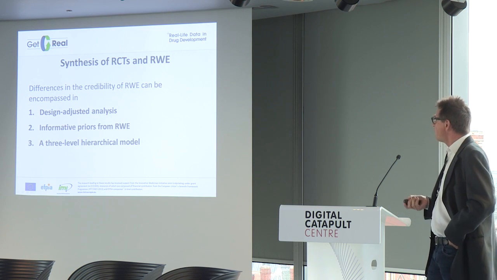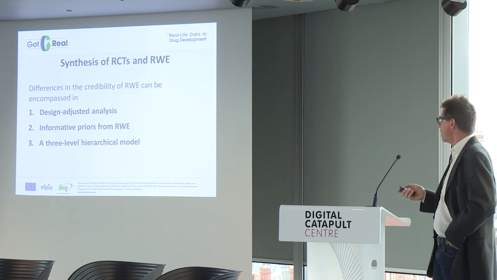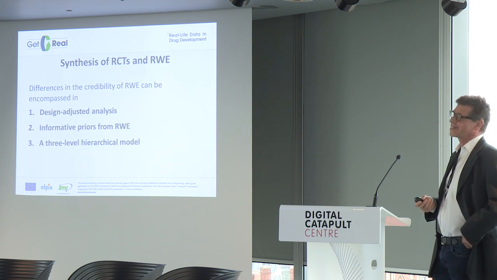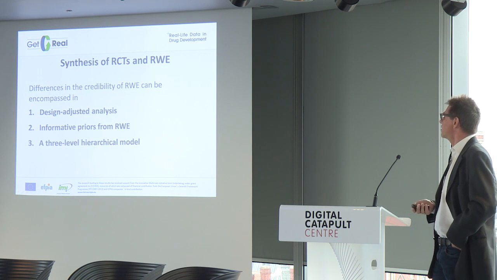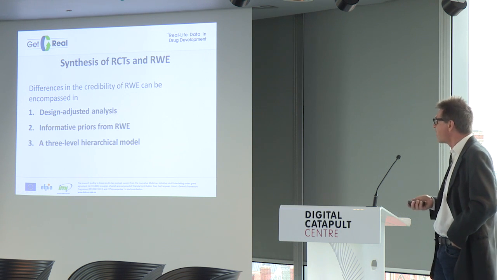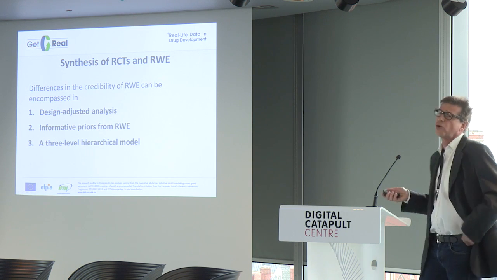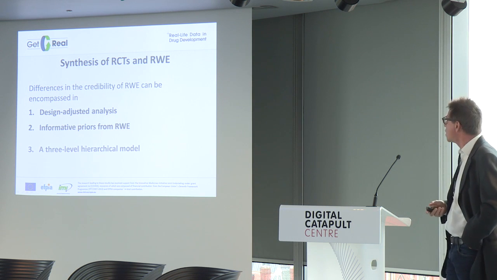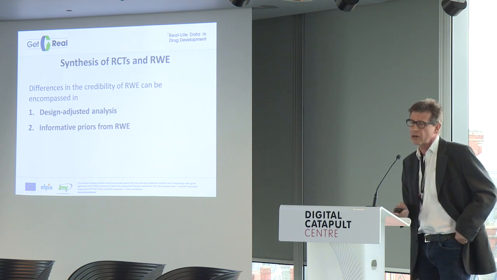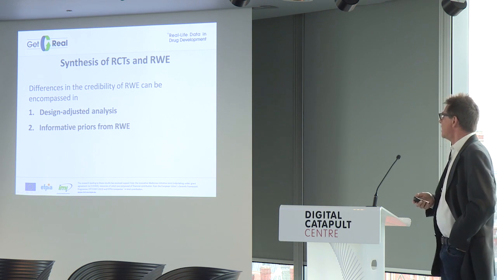And I'm going to talk briefly about 2 out of 3 methods, namely design-adjusted analysis and, very briefly as well, informative priors in a Bayesian framework, using basically the real-world evidence as a prior in your Bayesian model. I'm not going to talk about the 3-level hierarchical model. I think I'm not the right person. It's a very complex approach, and it is, however, very related to what I'm going to show you.